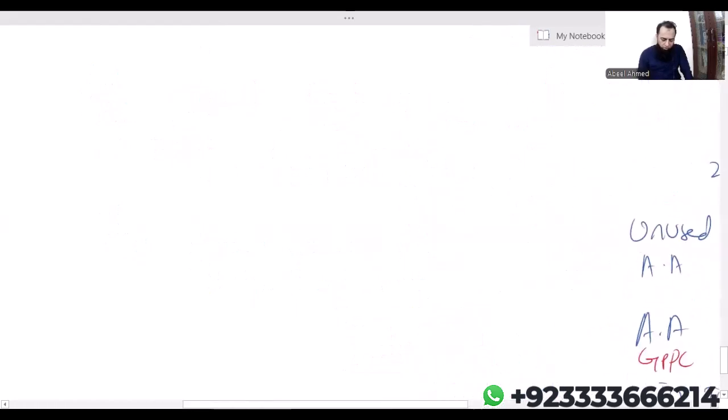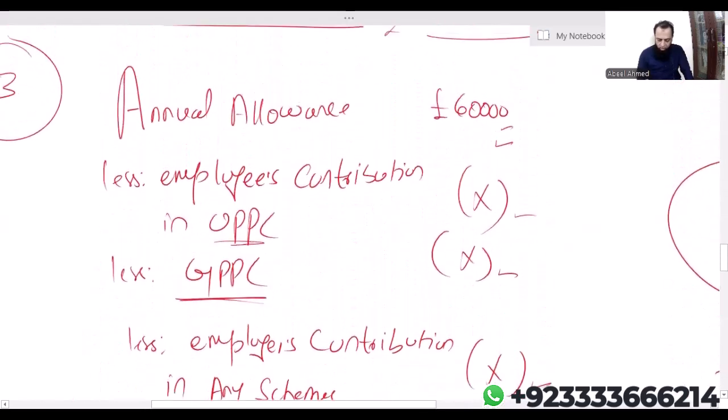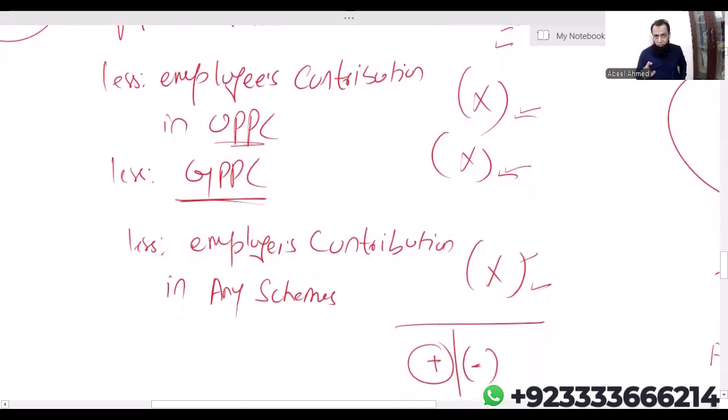Next question is, what if the contribution is more than the annual allowance limit? Then what to do? Come here. This is the annual allowance limit. And let's say employee has contributed in occupational pension plan, gross PPC is there. Employer has also contributed in any of the schemes or both of the schemes for employee. Now, let me tell you one more thing.